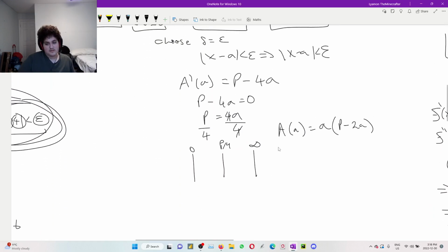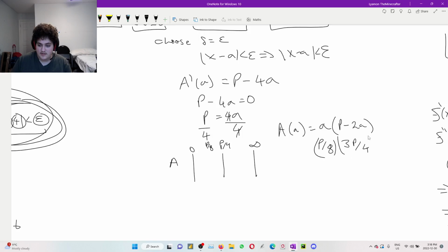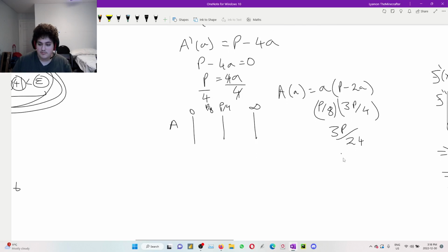So if you put in, say, p over 8, then this is p over 4, so this is 3p over 4, right? A is p over 8. Multiply these together, you get 3p over 24. That's just p over 8.